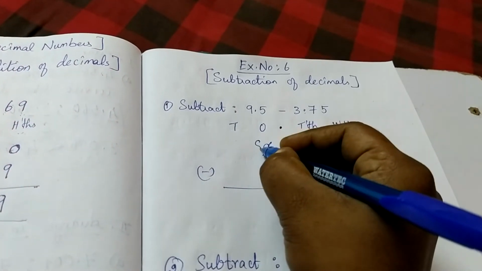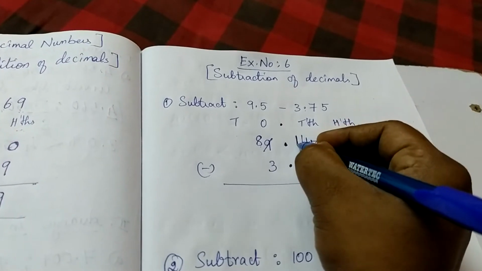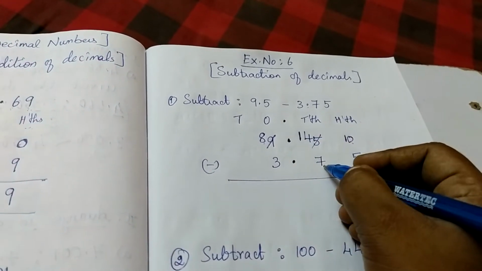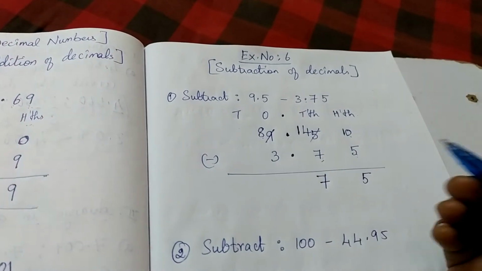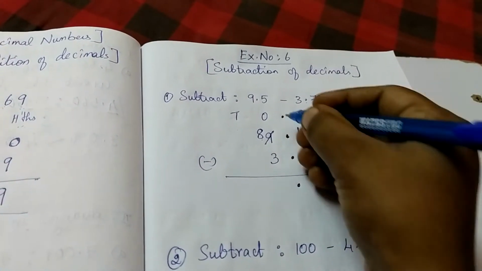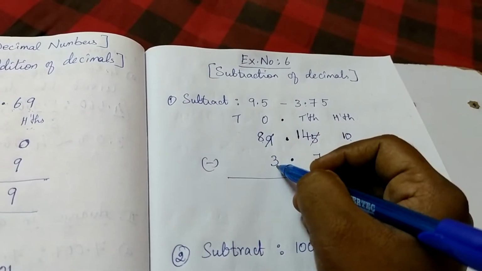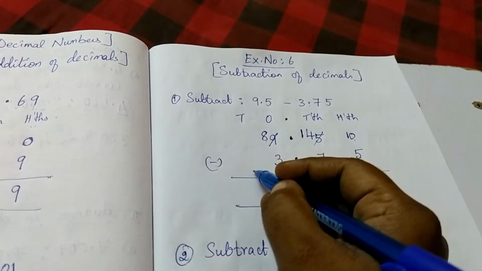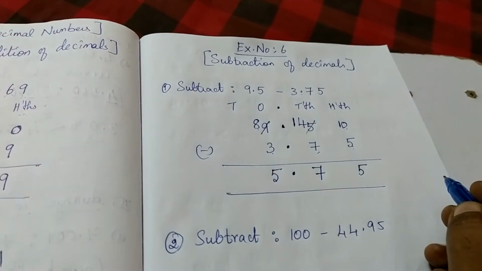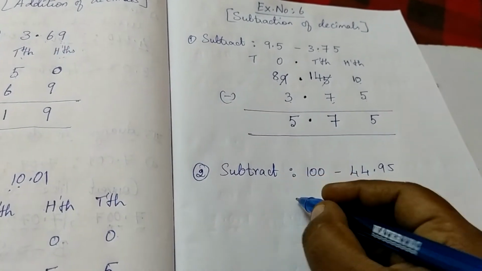From 9, if I borrow 1, it will become 8 and this will become 14. 14 minus 7 you will get 7. Same decimal point you are going to follow. Now 8 minus 3 you will get 5. There is no value in the tens place, so leave it. So answer is 5.75.